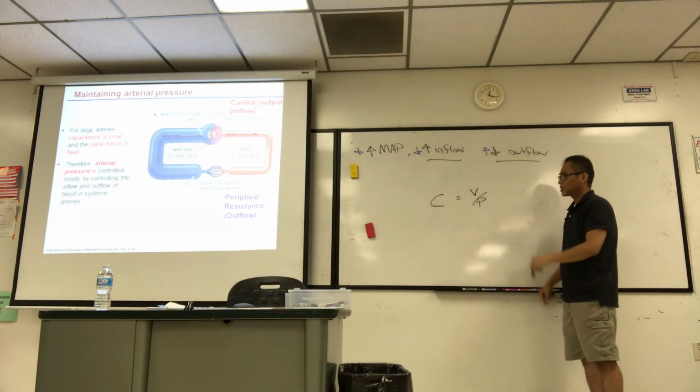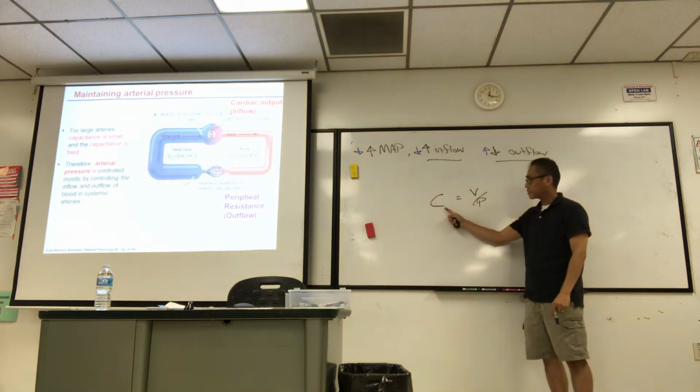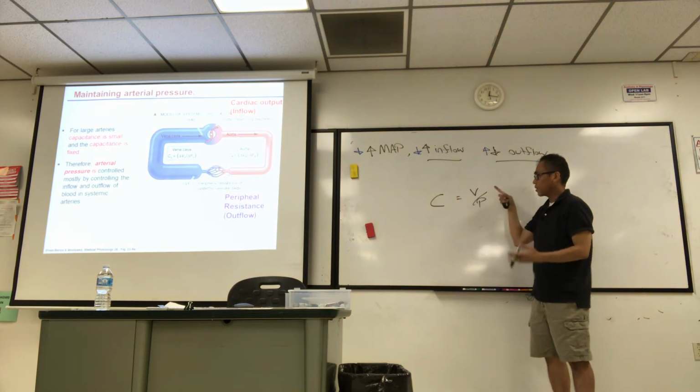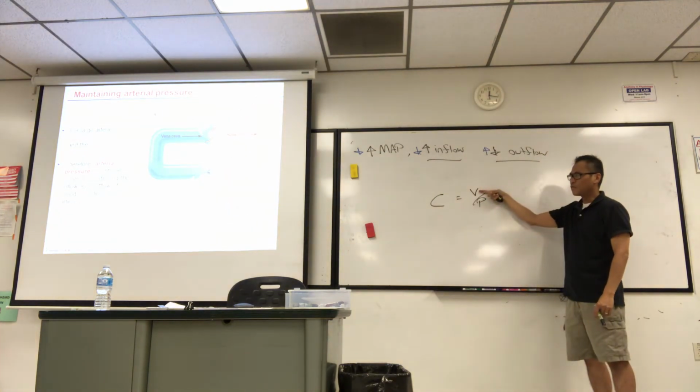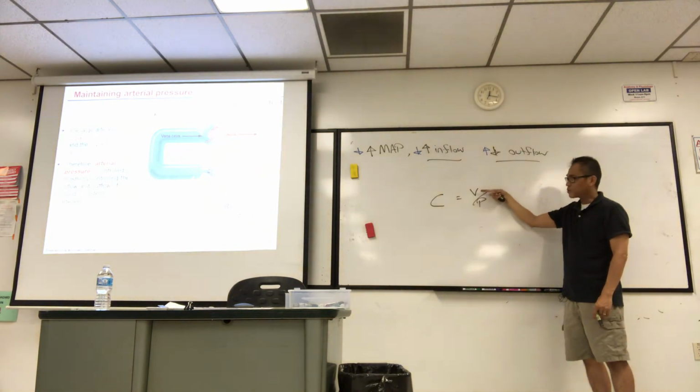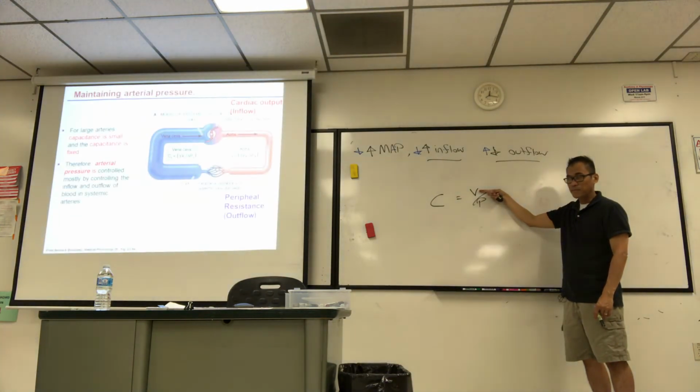So let's just talk about this conceptually. The C is capacitance, the volume and pressure. Okay, let's say arteries. Arteries, do they hold a large volume or a small volume? Small volume. So picture a small number in the numerator. What pressures did we observe in them?